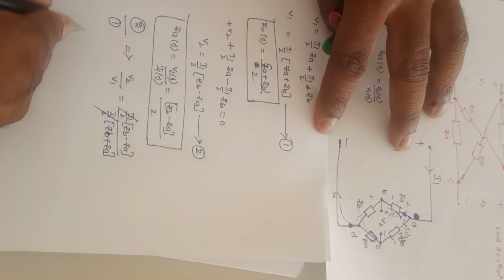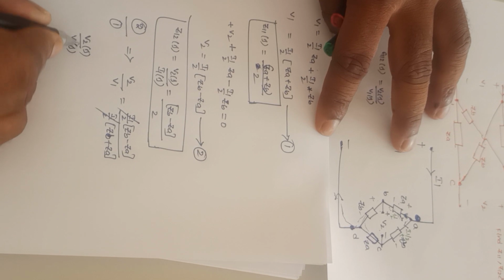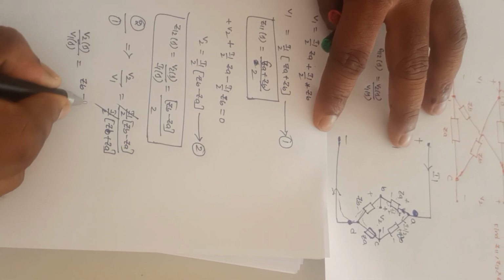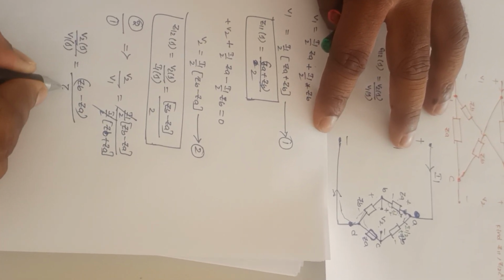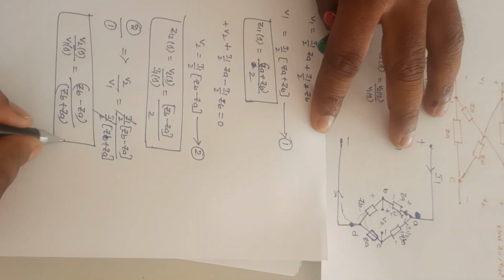So this I1 by 2 will get cancelled. So V2 of S divided by V1 of S is equal to ZB minus ZA divided by ZB plus ZA. So this is how we need to solve this type of problems.